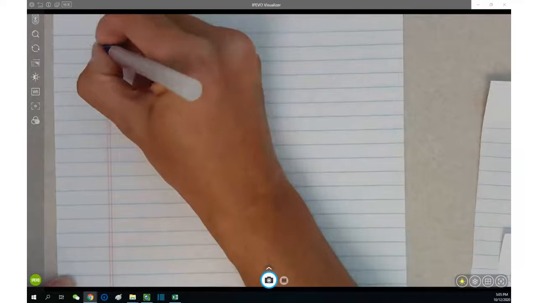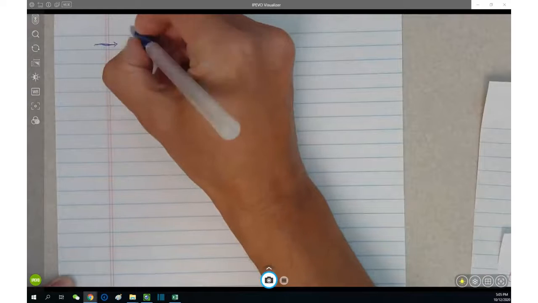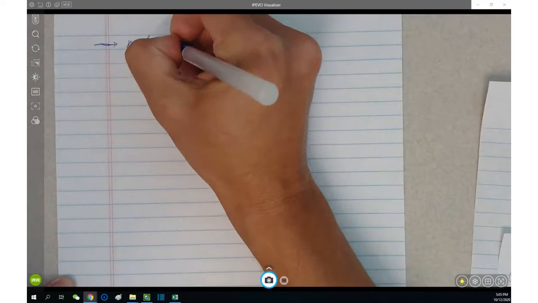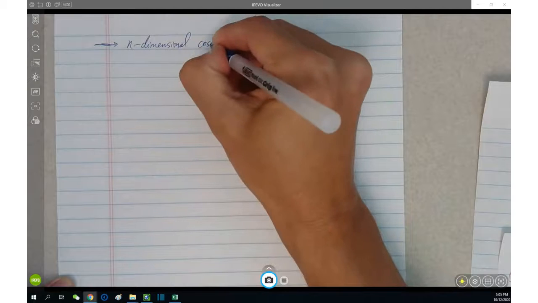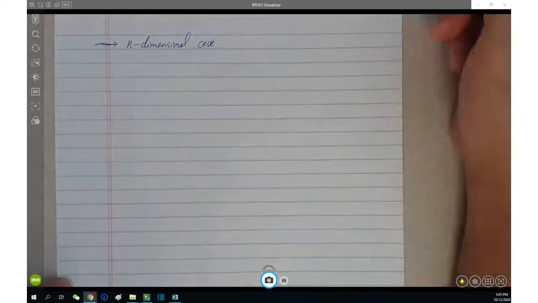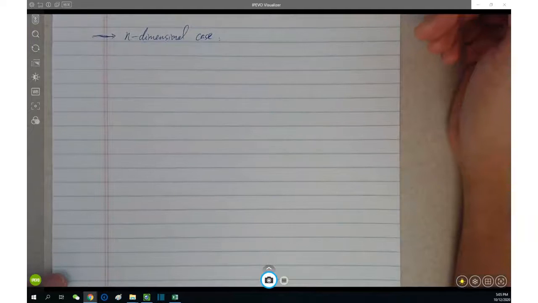We could talk a little bit about the n-dimensional case. The n-dimensional case. What does it look like?